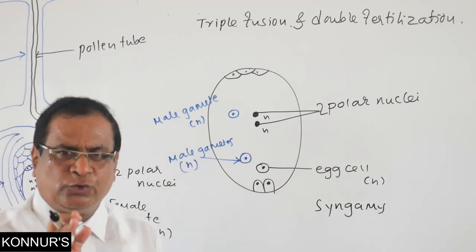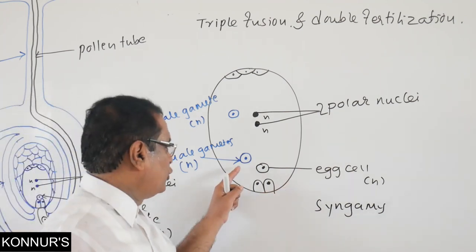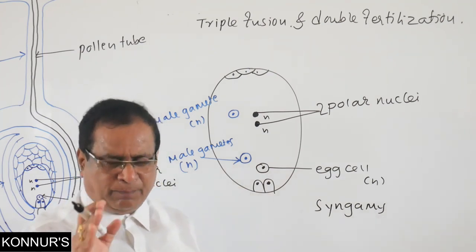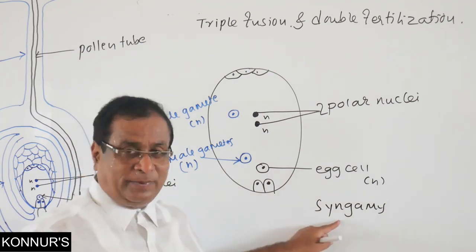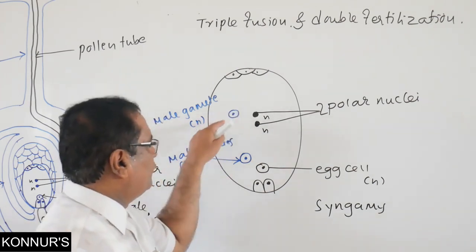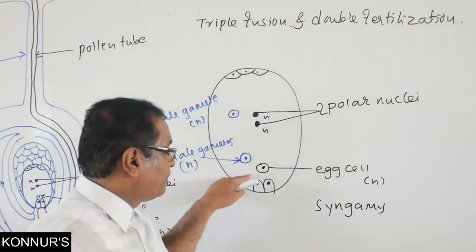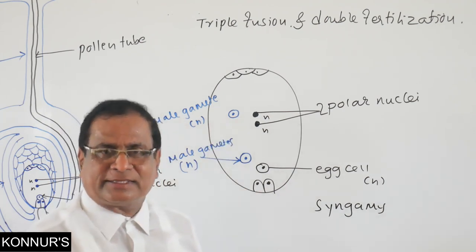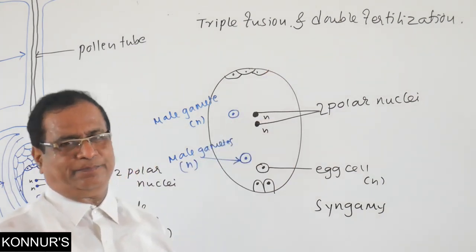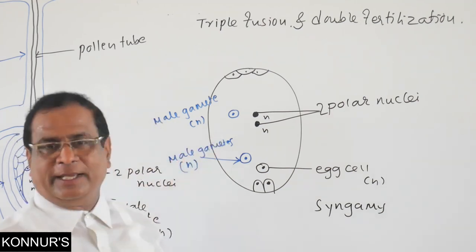Here, two fusions took place. One is the fusion between the male gamete and egg cell to form a diploid zygote, that is syngamy. And another is a fusion of three haploid nuclei. As two separate fusions are taking place, it is said to be double fertilization as well. Whenever the question is asked, we must explain in this way.